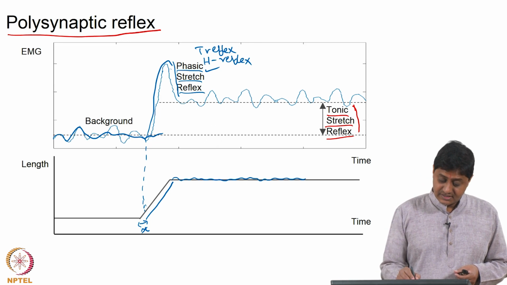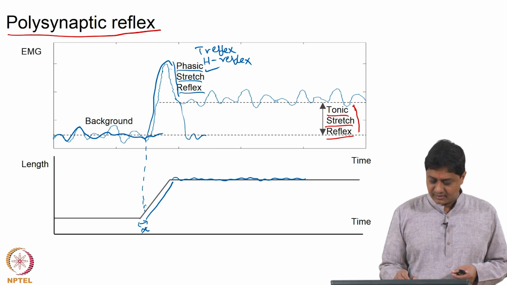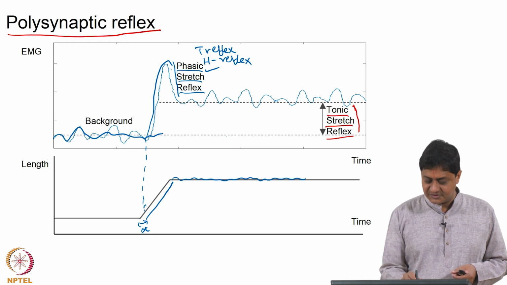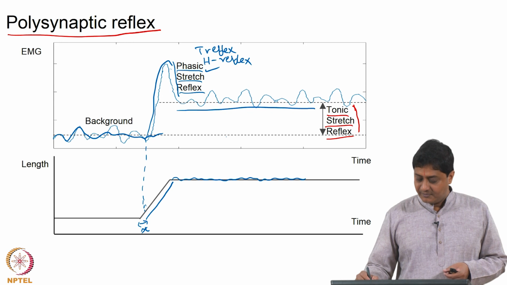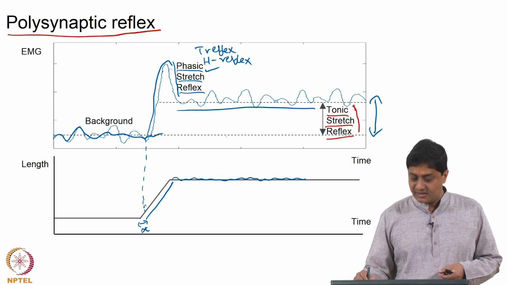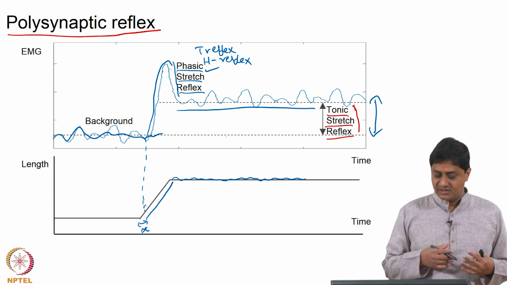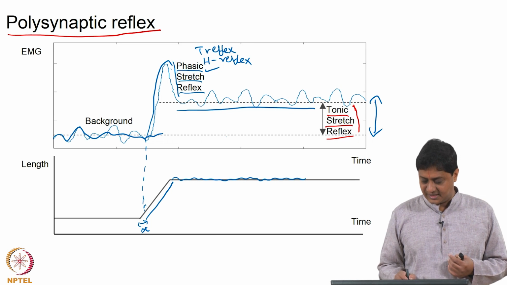Now, what happens? The response does not go back to here, that does not happen. What happens is that the response settles around here, but there is a difference between the previous background response and the current response, depending on the length.